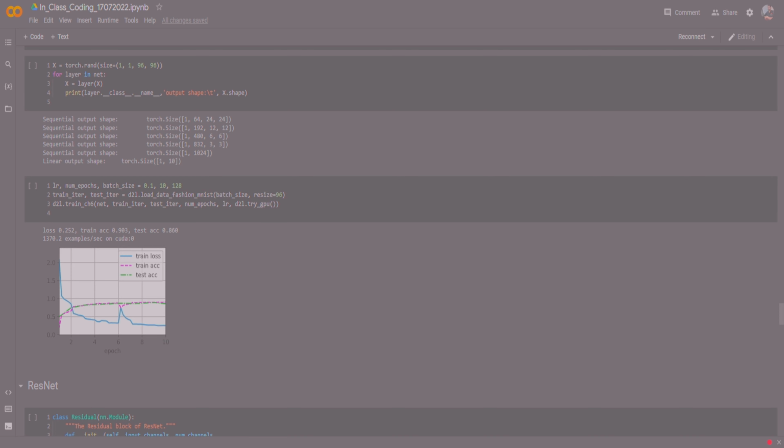I have one question. Yes, please. Here for CNN, we use the D2L library and PyTorch. Yes. But we can also use Keras for this. Yes, definitely. You can go ahead and use Keras. You can implement the same thing using other libraries.